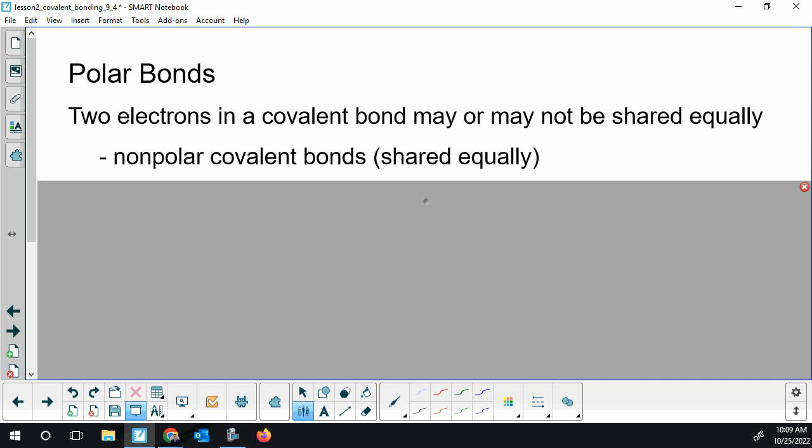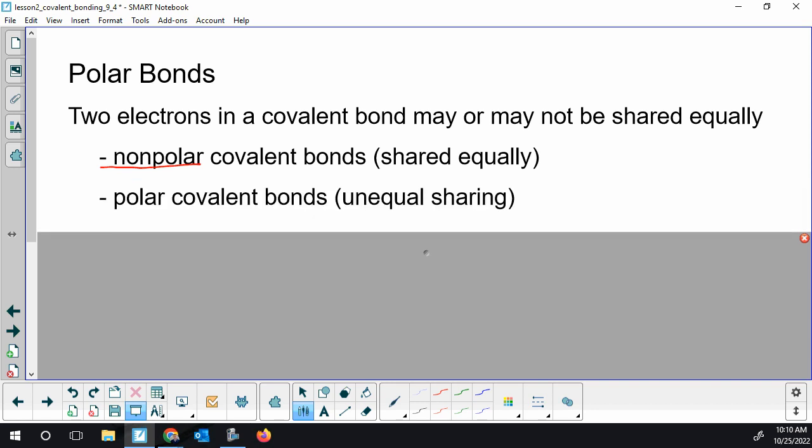There's no negative side and positive side because it's perfectly balanced. We're going to see this word polar. We've got a north pole to the planet. We've got a south pole to the planet. But we're not talking about magnetic poles. We're going to talk about electric poles. And I'm saying there's no poles here.